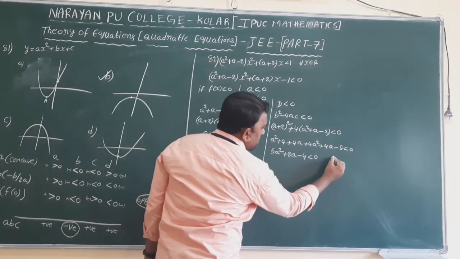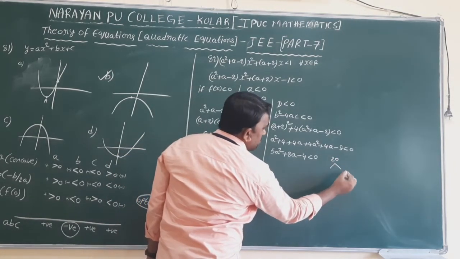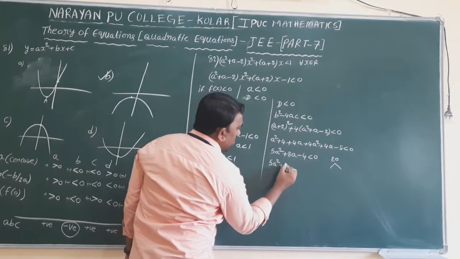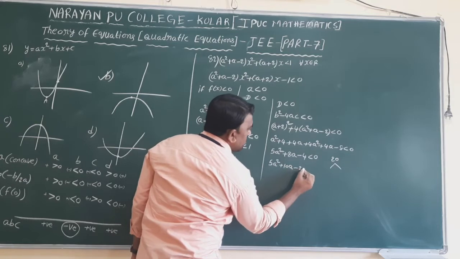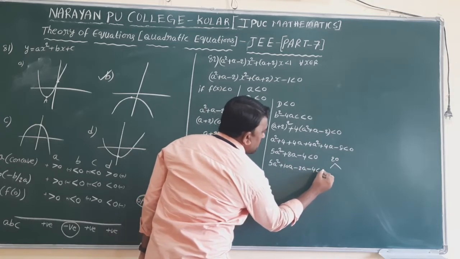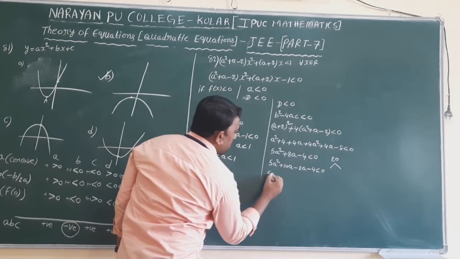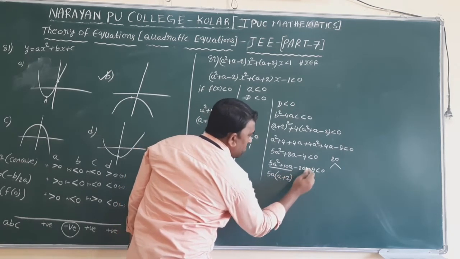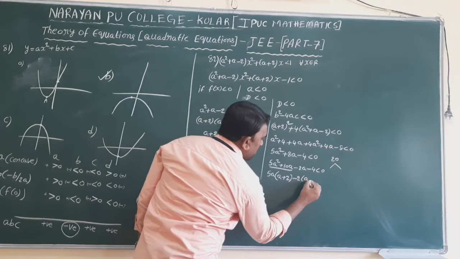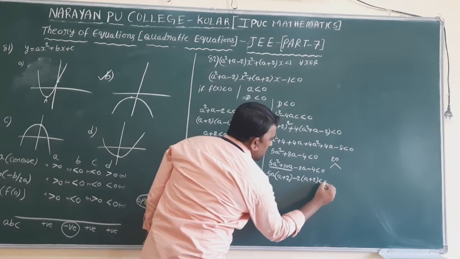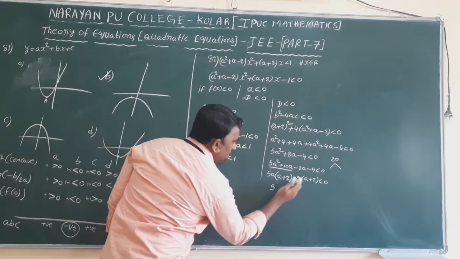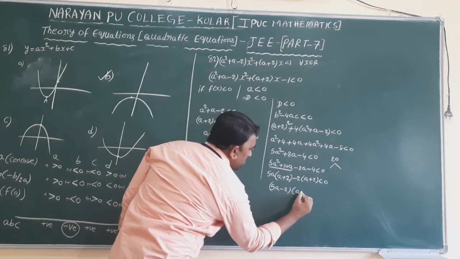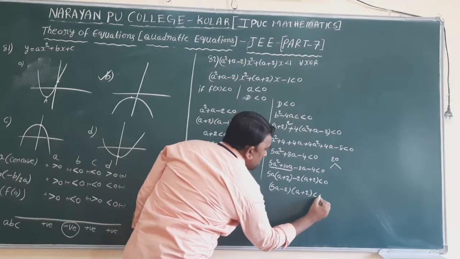20 we can split as 10 and 2: 5a² + 10a − 2a − 4 is less than 0. From 5a² + 10a take 5a common, 5a(a + 2). From −2a − 4 take −2 common, −2(a + 2) is less than 0. So (a + 2) take out, (5a − 2)(a + 2) is less than 0.